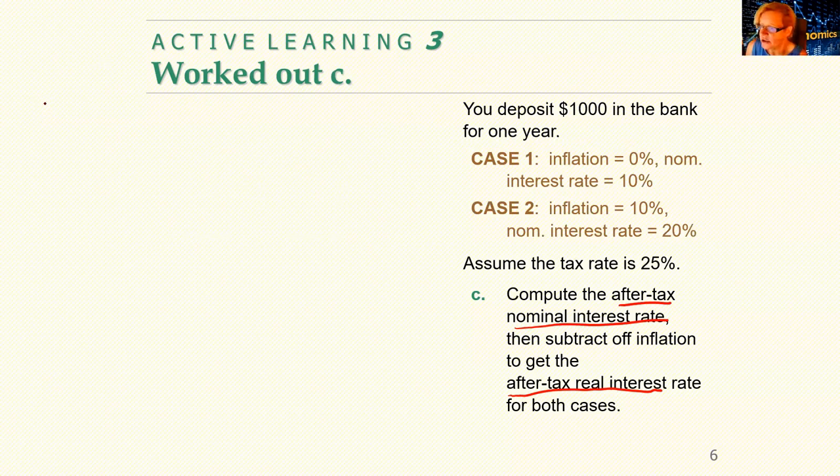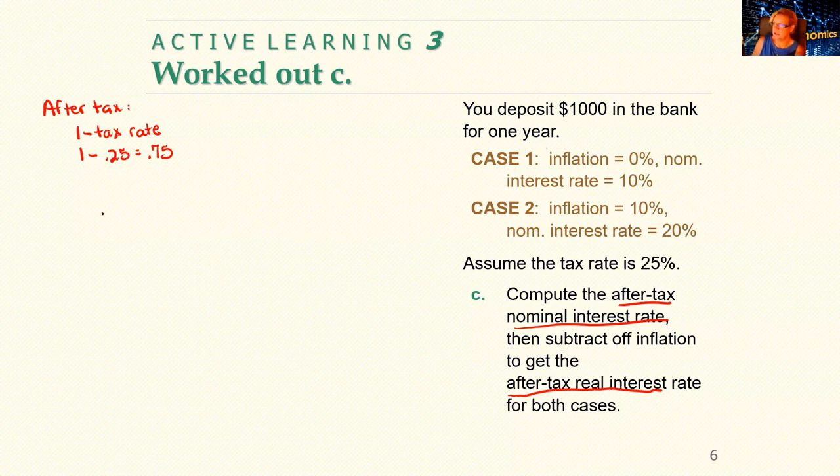So the after-tax rate is going to equal 1 minus your tax rate. If we subtract 1 minus 0.25, our after-tax rate is 0.75, because we get to keep 75% of everything that we have.